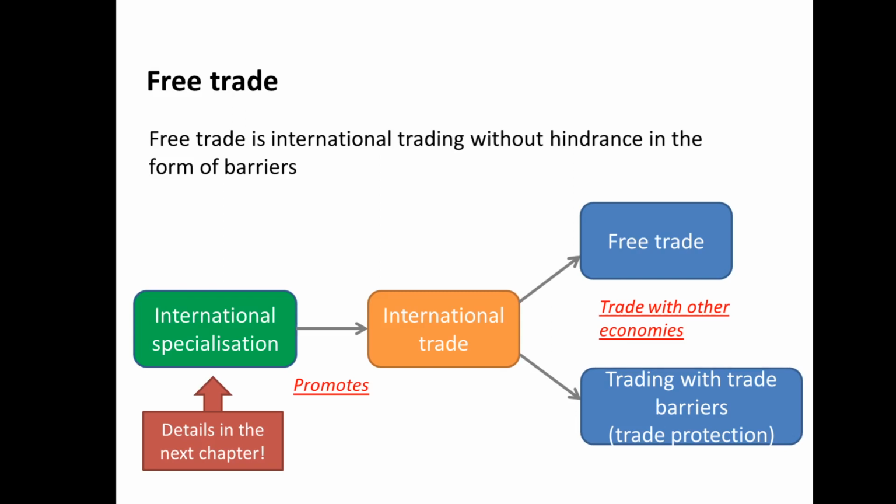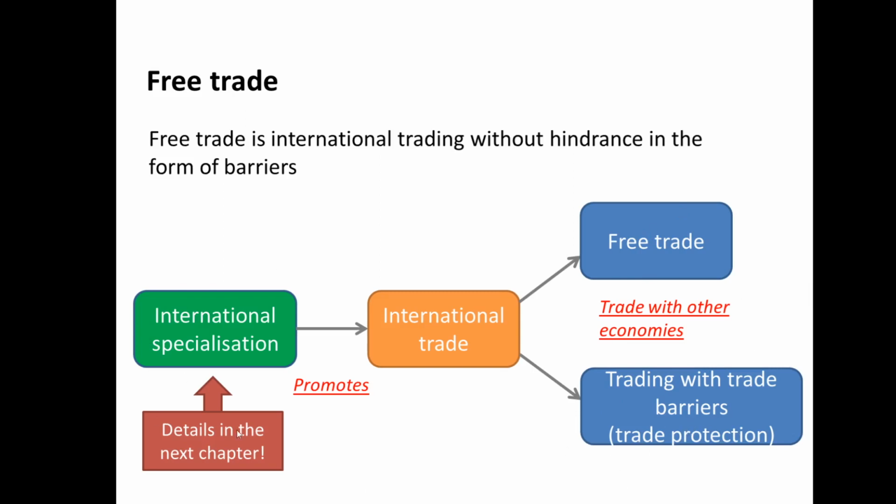Bilateral and multilateral arrangements are something more complicated, something we call a trading bloc. But here we try to make it simple, so there are only two options: either you trade with other countries without any barriers, or you trade with other countries with some barriers. We will go through both of them.